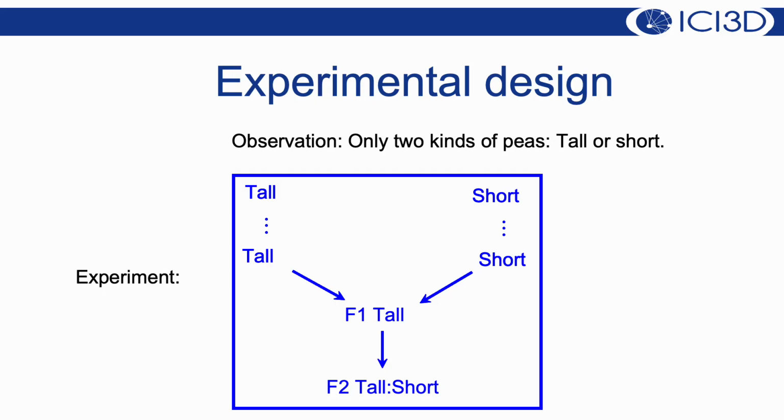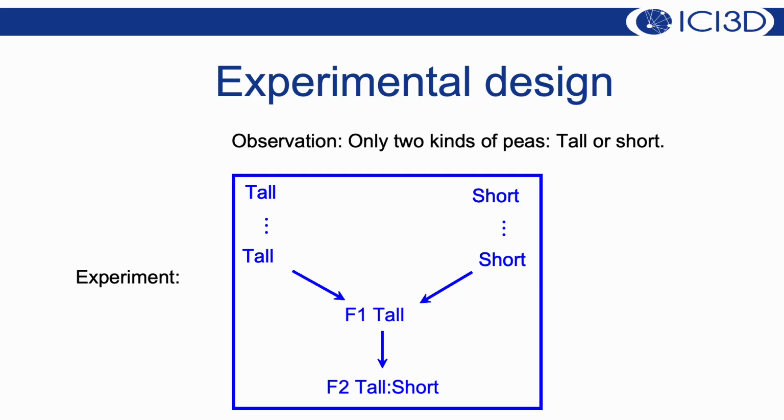So if you take tall, as you look on the left-hand side, you can grow them as many times as you like, and they always produce a tall plant. And if you take a short plant, they always produce another pea with a short stem. But now here's the interesting thing. If you take the pea with the tall stem and cross it with a pea with a short stem, in fact all of the offspring are tall.